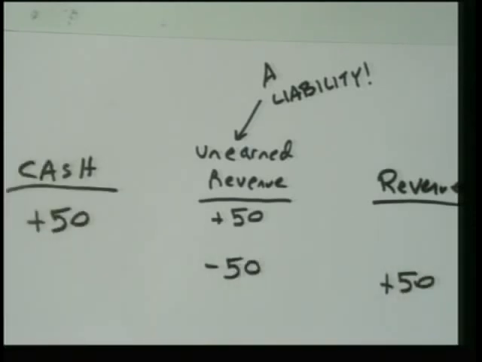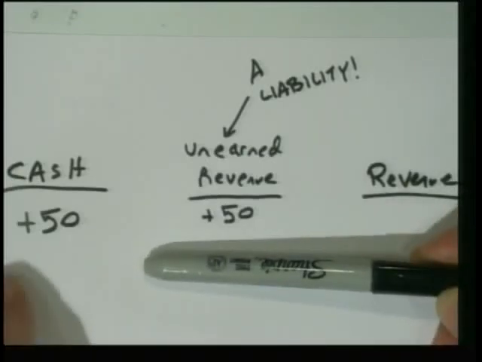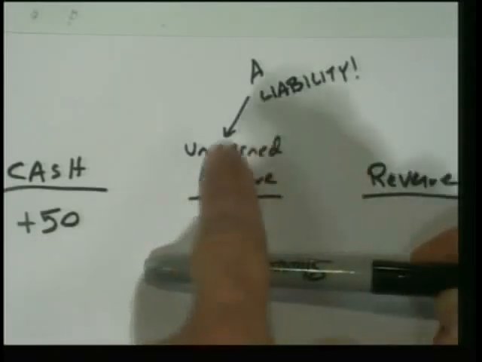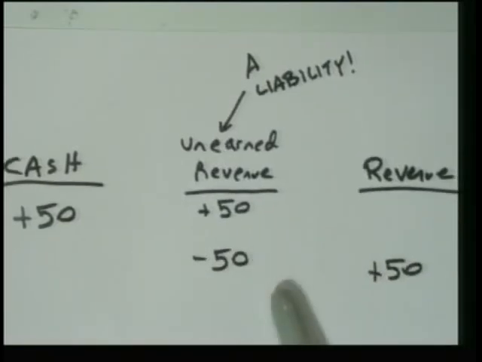Does that make sense? And of course, me as the customer, I don't know you're making this entry. I really don't care, right? But for your books, taking one more look at this, when you got the cash went up by 50, unearned revenue, a liability went up by 50. When you provided the service, unearned revenue, the liability was decreased, and your revenue, you could book it as revenue at that point. Cool? Okay, let's talk about these other principles.